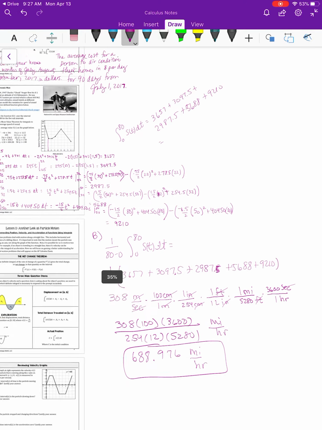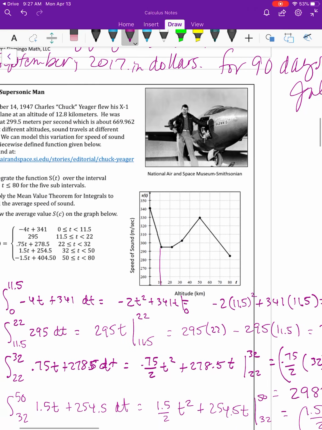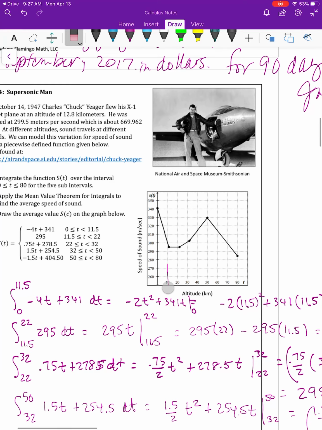And then for part C, draw the average value of s on the graph below. So that's going to be in meters per second, that 308. So what they wanted us to do there is just draw that in there. It's about right there.